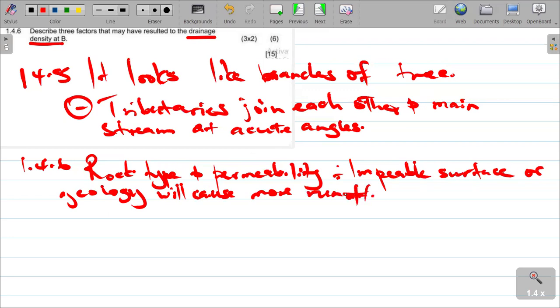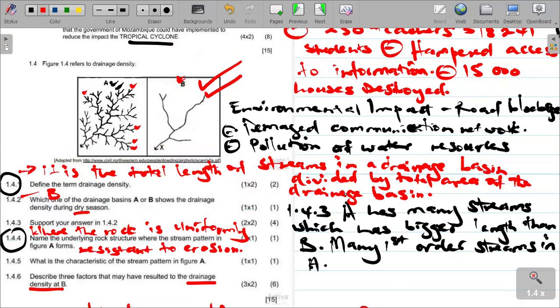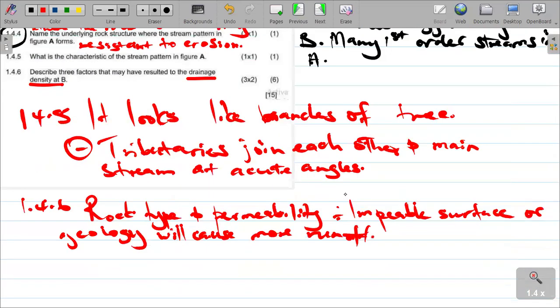However, in the situation that we are seeing, the situation in B, it shows that the surface is quite permeable. We are saying the surface actually causes more water to infiltrate in B.